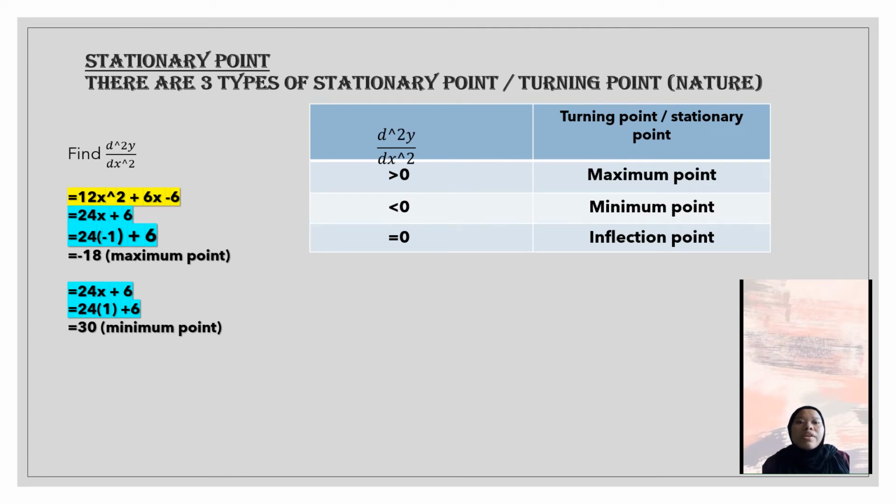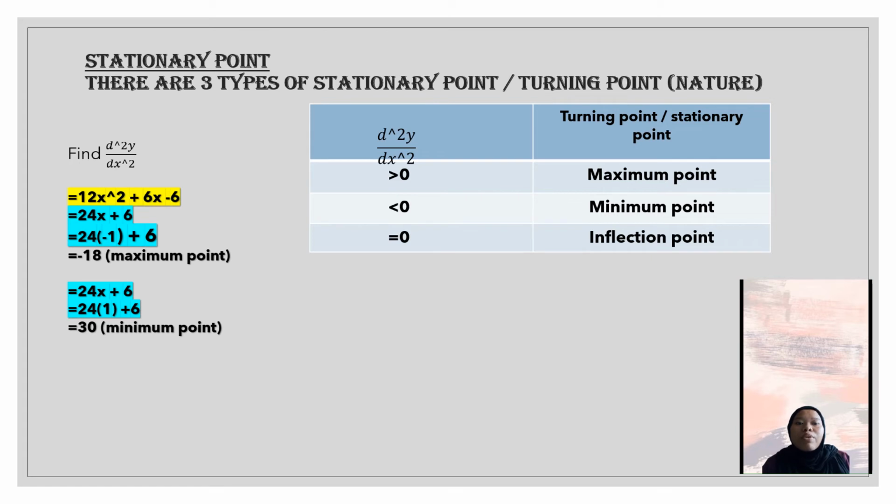So this is the stationary point, which has 3 types of stationary point or turning point. We call that the nature. So we use the second order derivative, d^2y/dx^2. Using the derived equation 12x^2 plus 6x minus 6, we differentiate and get 24x plus 6.